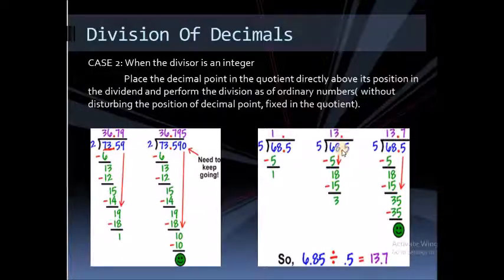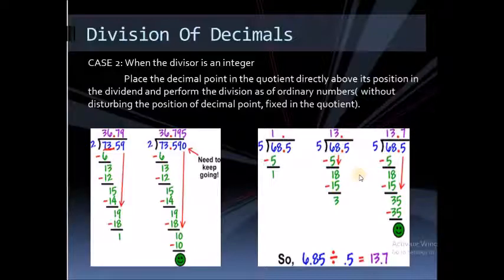Okay, so I put this decimal point in the quotient as well. Now I can note down this 5, and when you note down this 5 here, it will become 35, and 35 is completely divisible by 5, 7 times. So I write 7 in the quotient and it will go completely, and my answer will be 13.7.